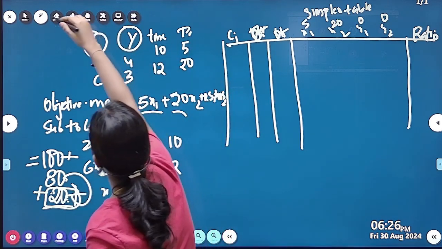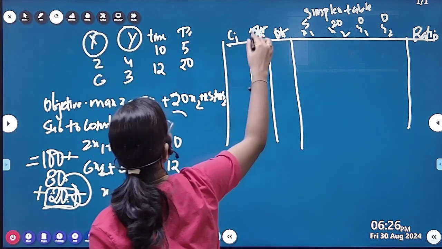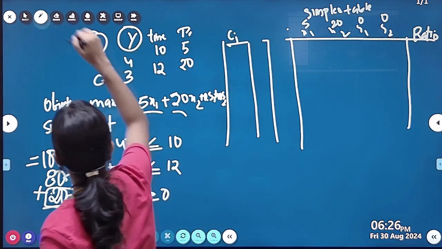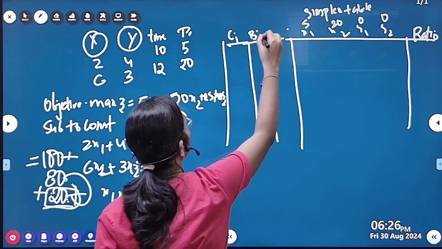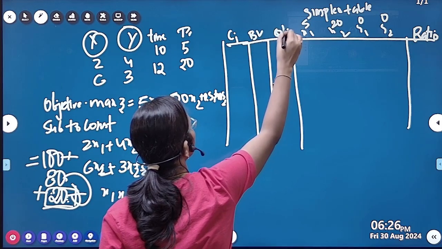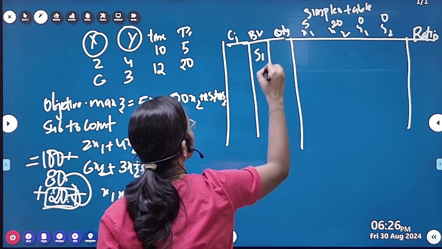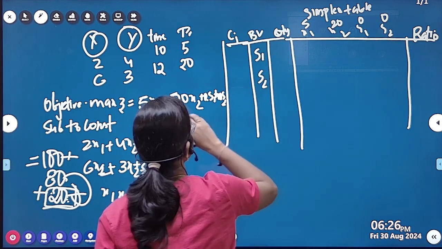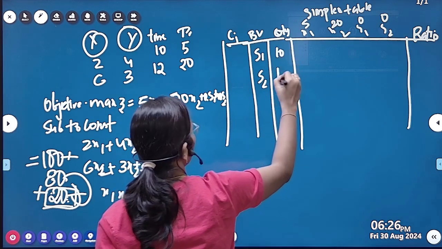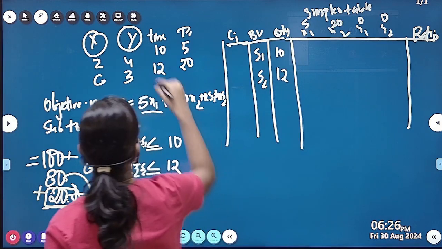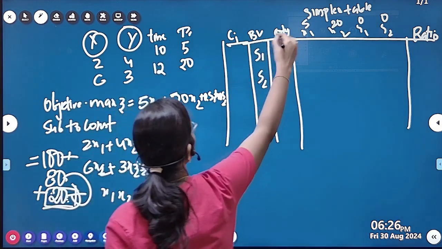So here the base value. Base values are S1 and S2, these are the base values we have taken. Now tell me the quantity: 10 and 12, right? This is the time. Quantity means time.